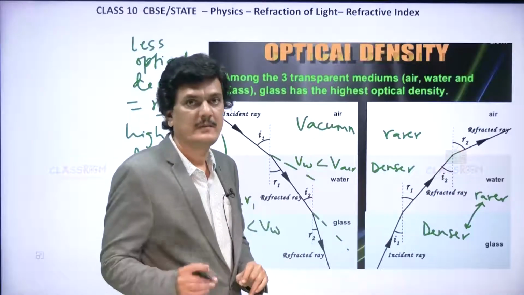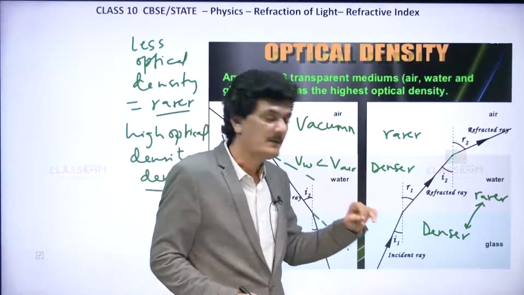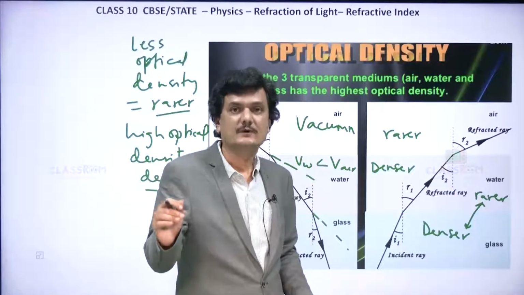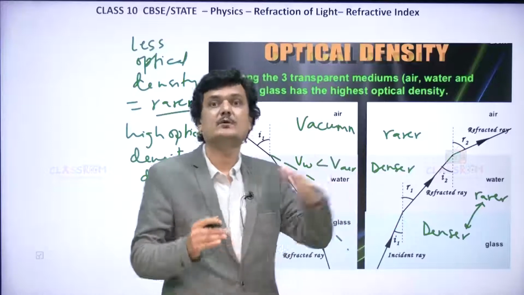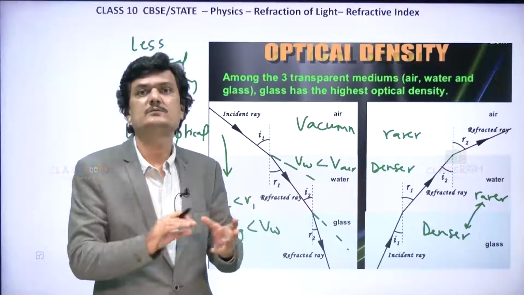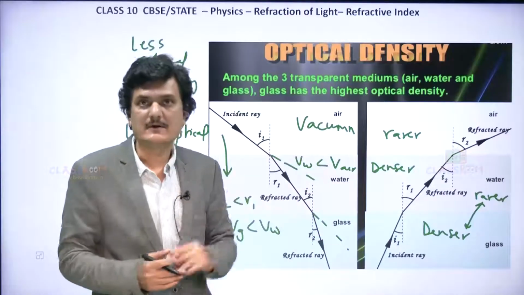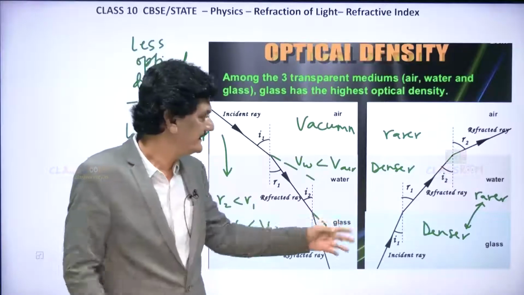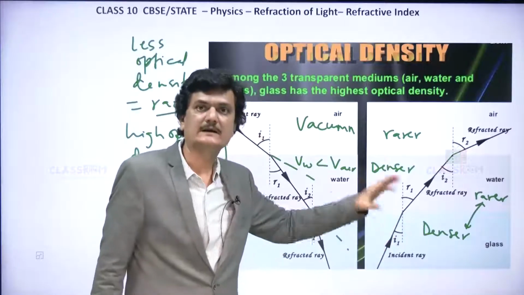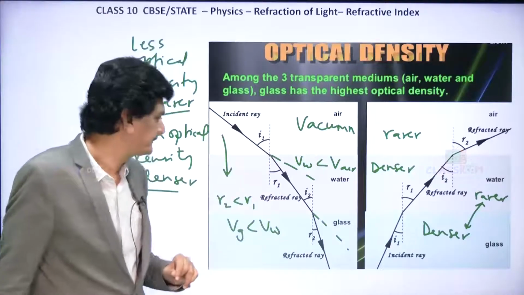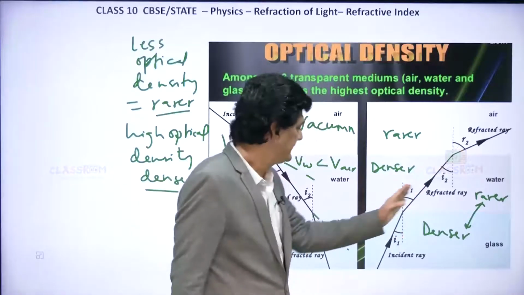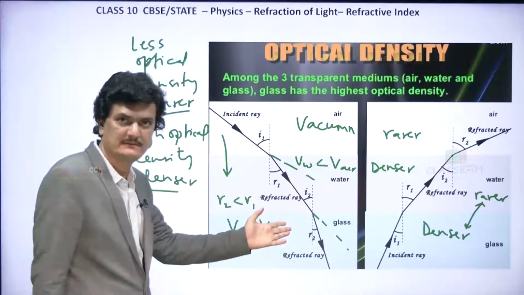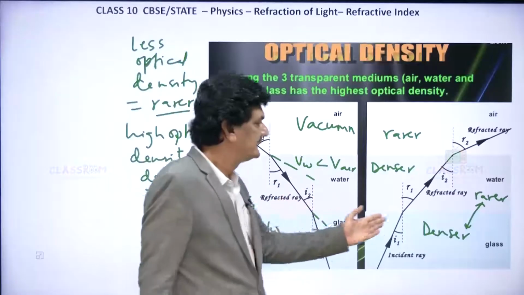But you can compare all the media with vacuum also. When we compare all the media with vacuum, we will automatically know which is denser than another transparent medium. So two ways here: compare with respect to each other, and compare with respect to vacuum. And here again you can see the angle bending is different, and velocity is increasing.